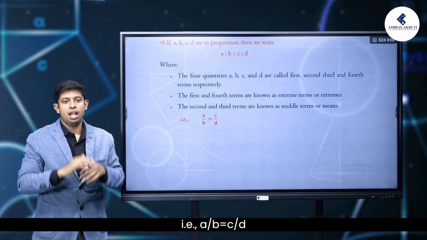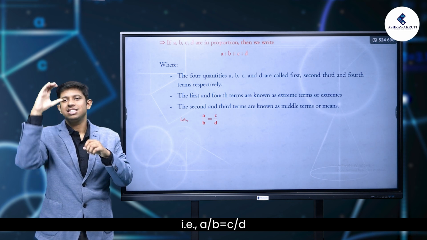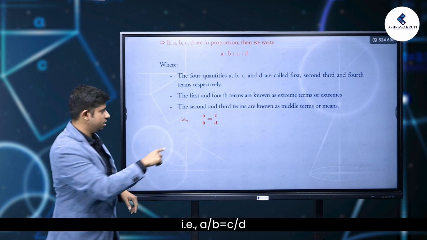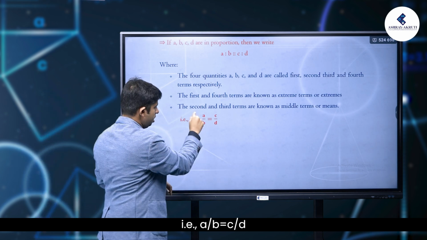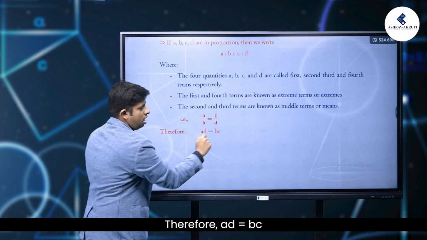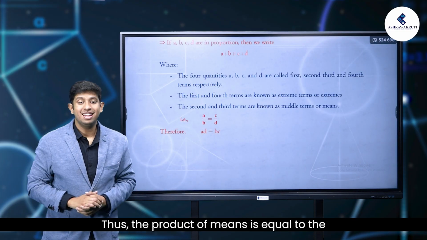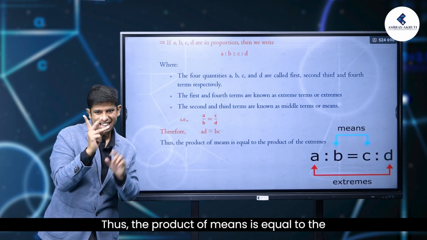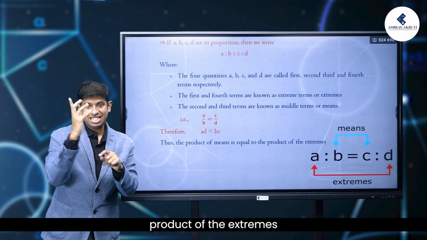That is, A/B = C/D. Therefore, AD = BC. Thus, the product of means is equal to the product of the extremes.